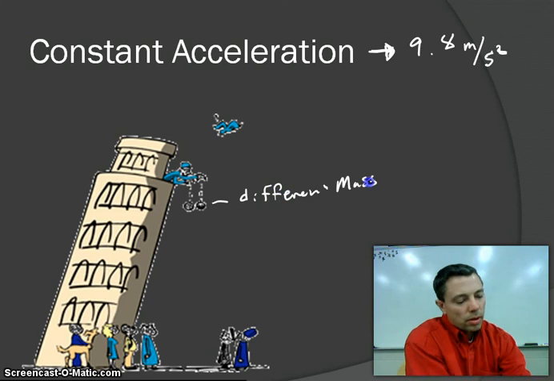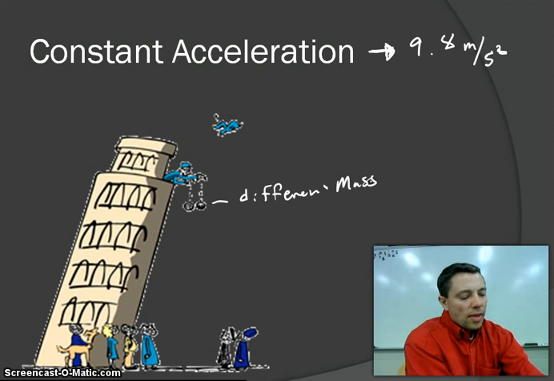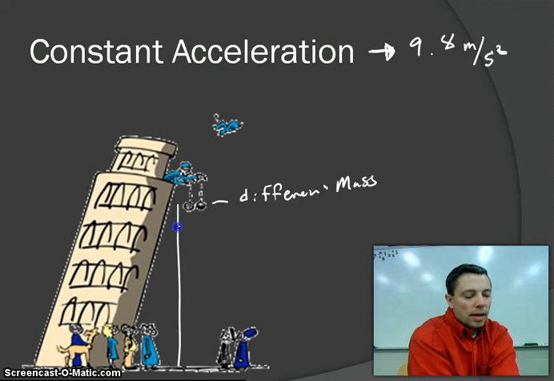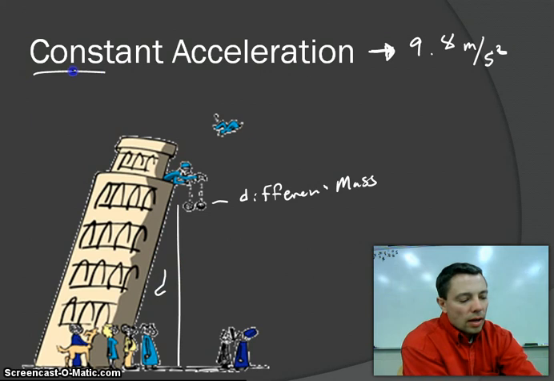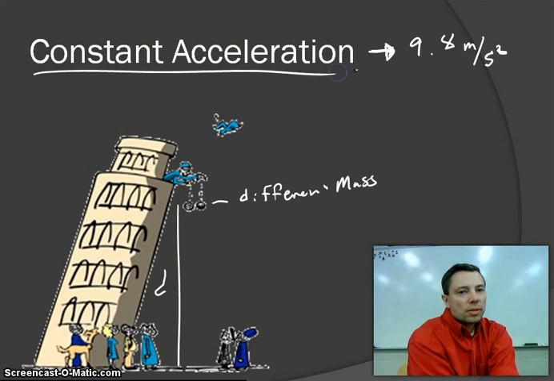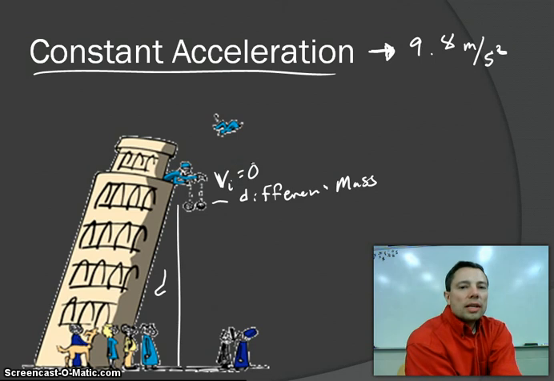He said, if I drop both of these objects and they fall straight down, they will hit at the exact same time because they have to cover the same distance with a constant acceleration. Same distance, constant acceleration, starting at rest. So in other words, they will achieve the same speed.